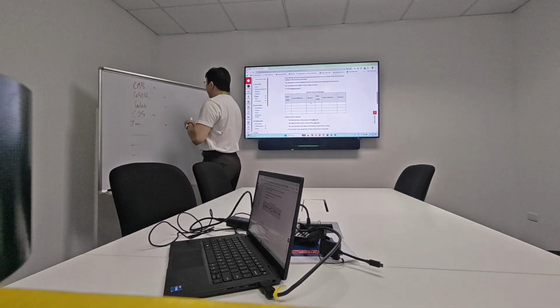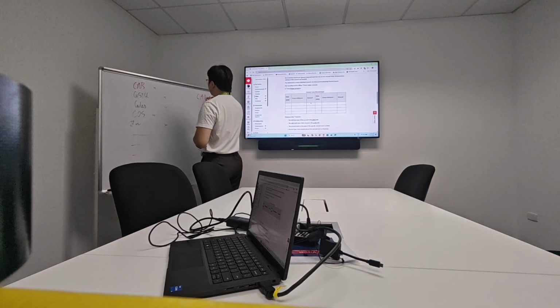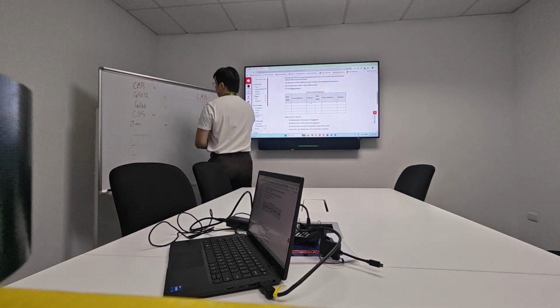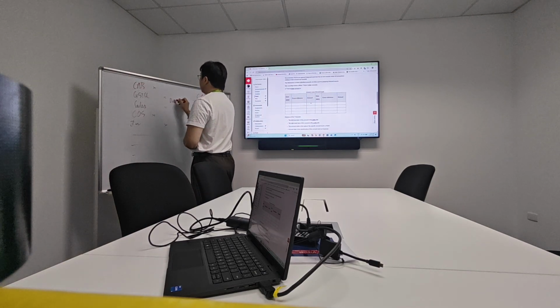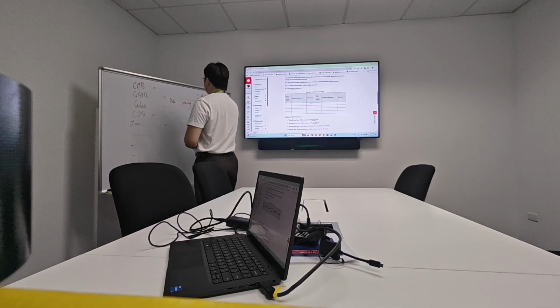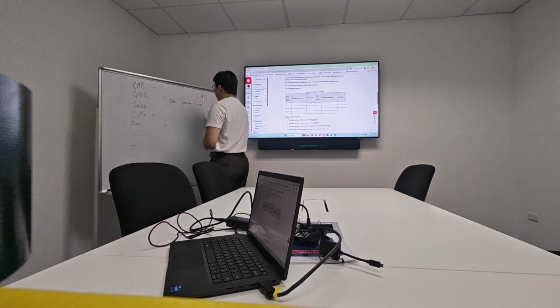So instead, I have a ledger account called cash at bank, and I have columns like date, cross-reference, and then amounts, and the same thing on this side.